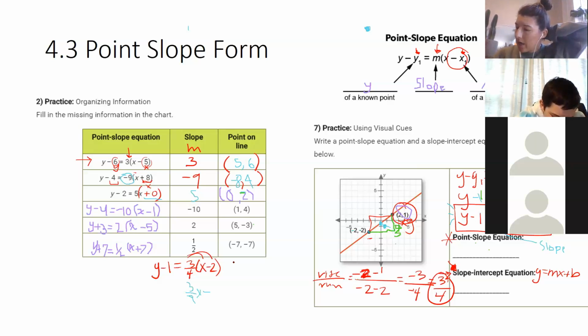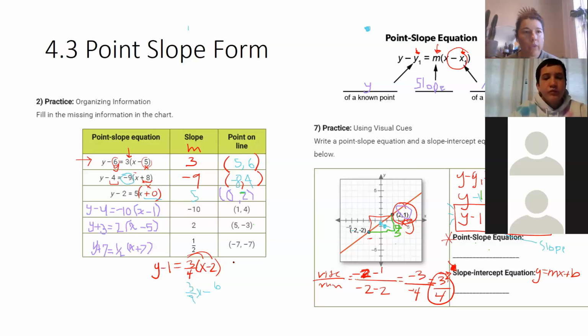Good, I see Caden working on his paper. Good, 6/4. Yep. And then we have y minus 1 still on the left side, right? Okay, so one more step to get y by itself. So we need to add 1 to both sides. I'm going to add 1 to negative 6/4. Negative 6/4 is negative 1.5.